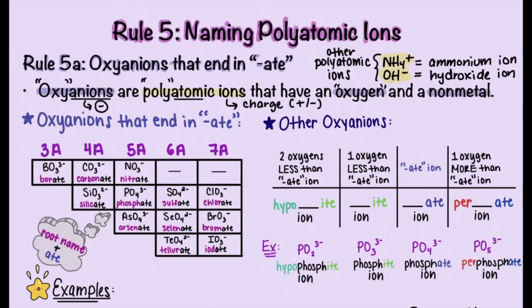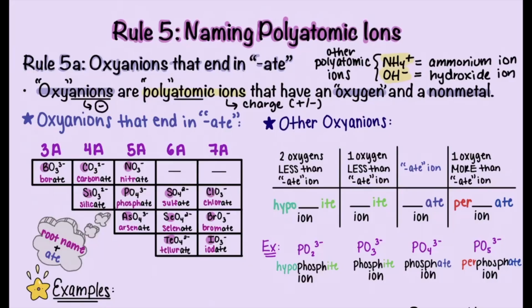And if you look at the table I provided, or the list from your own periodic table, you'll notice something. All the elements listed are nonmetals, and all of them have oxygen atoms attached. The only difference is that the number of oxygens can either be 3 or 4.